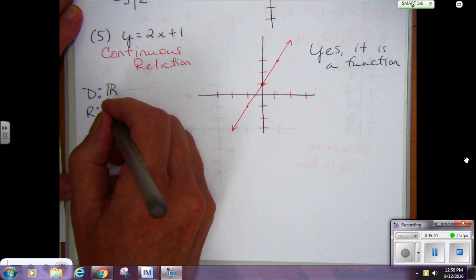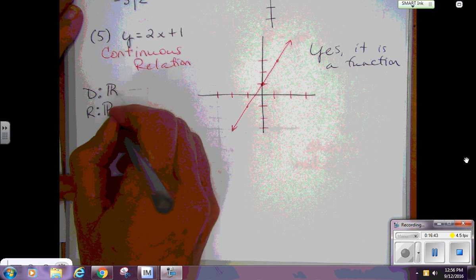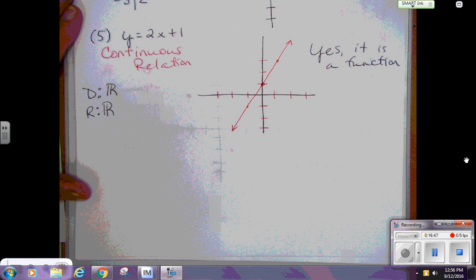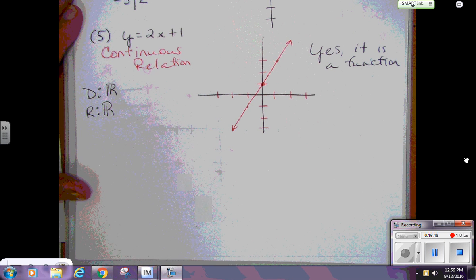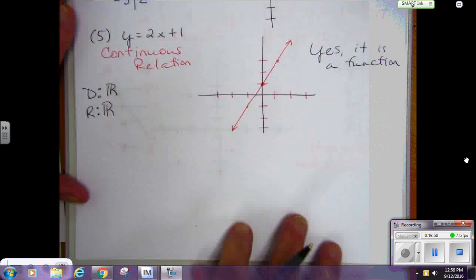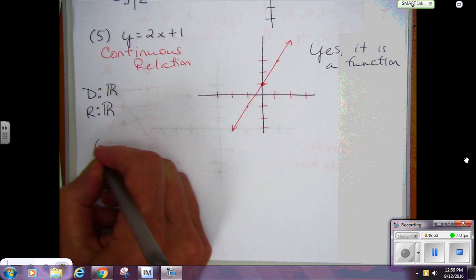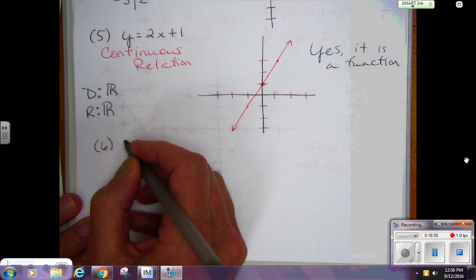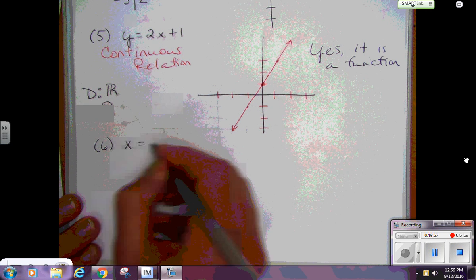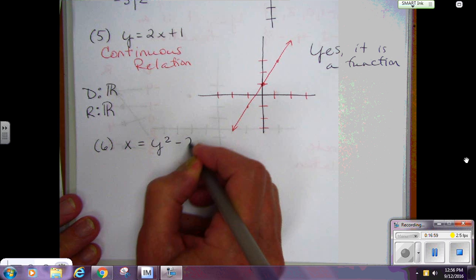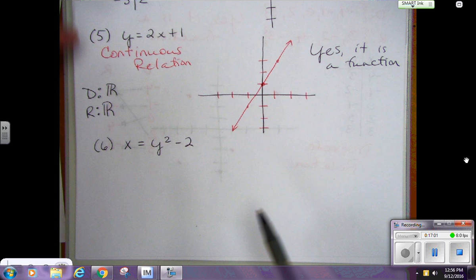Okay, let's look at number 6. Number 6 is different from number 5 in a couple of ways. First of all, number 5 is a line. Everything's to the first power. Number 6, you have y to the second power. It's not to the first power anymore. So what kind of shape do you think this is going to be?